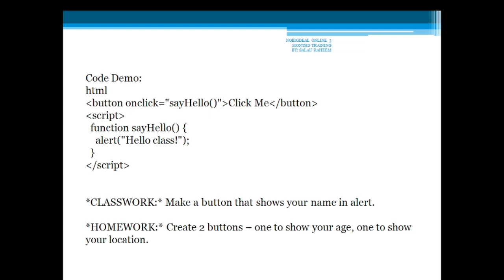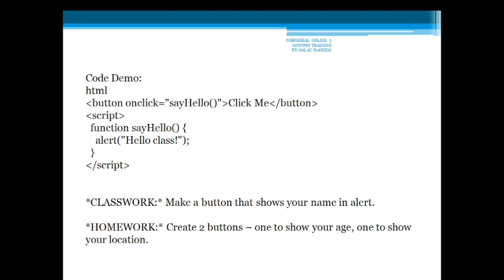Under this JavaScript, I want you to make a button that shows your name in alert. Definitely you can use this method to achieve this. You just say button onclick. You can decide to say hello, you can decide to say my name, but you make sure it is a function by putting open bracket and close.